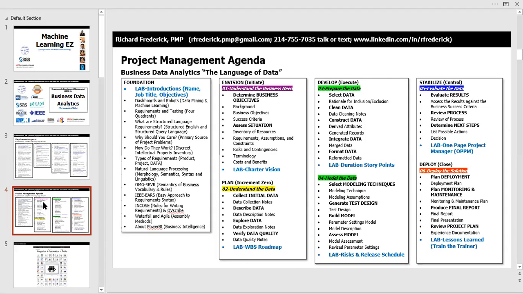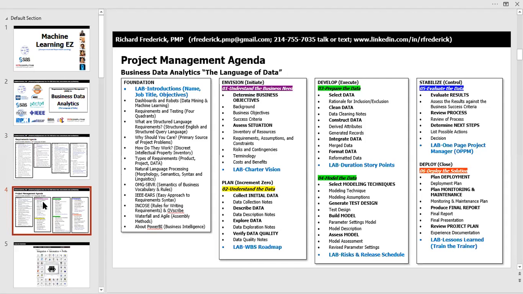If you print these two agendas out, they're designed to work together. They look very similar. First would be the requirements, then a project management follow-up. It's traditional in the sense of the format: initiate, plan, execute, control, and close. Or if you're a developer, envision, plan, develop, stabilize, and deploy.